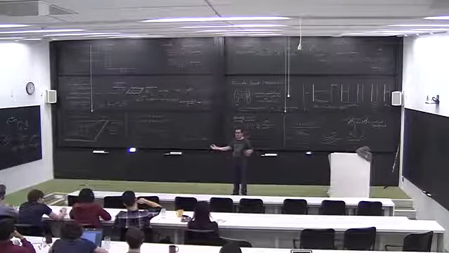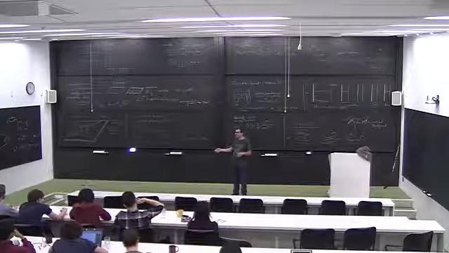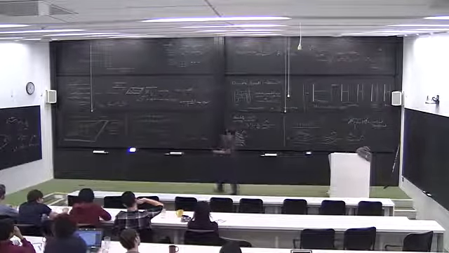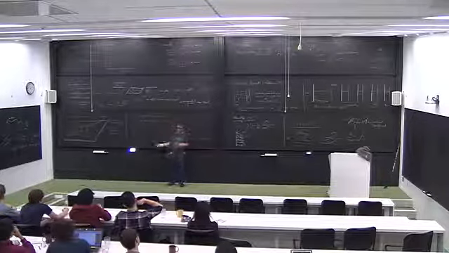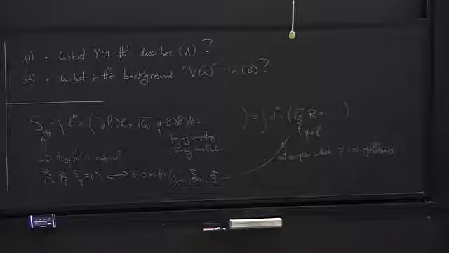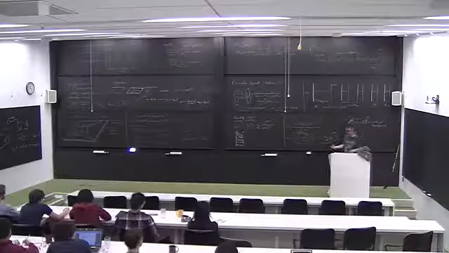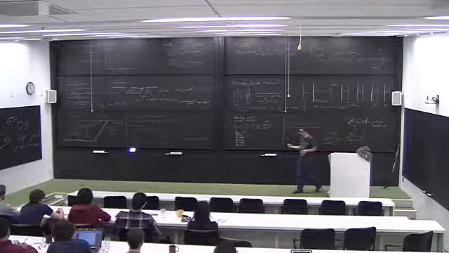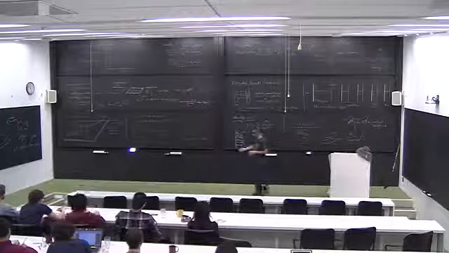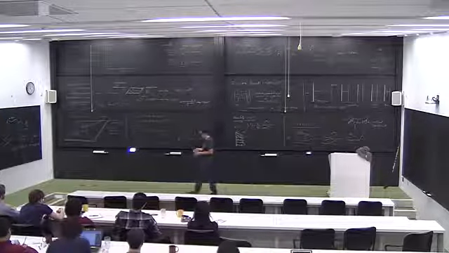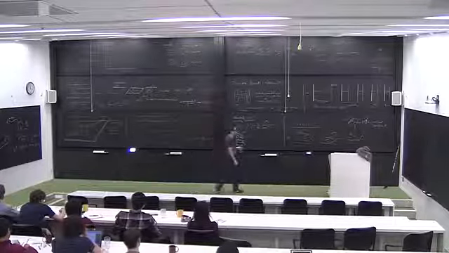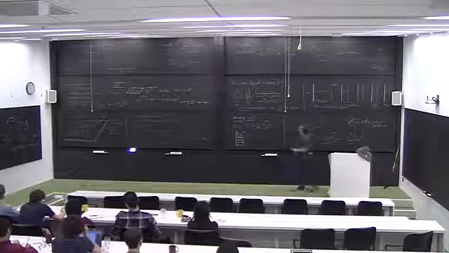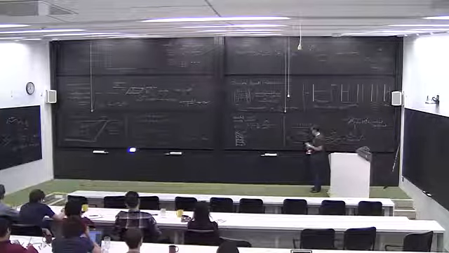So gravity at low energies or long distances is free. It's the statement that the coupling is dimensionful, and if you consider energies very small, it makes sense to ignore the coupling. It makes sense to ignore gravity, and it also makes sense to ignore the coupling of Yang-Mills or electromagnetism to gravity. Okay? This also matches our physical experience. Very good.